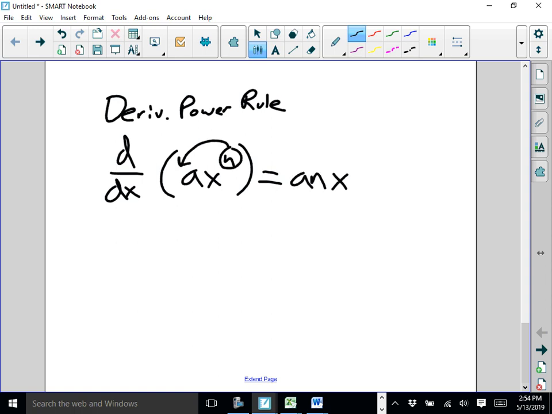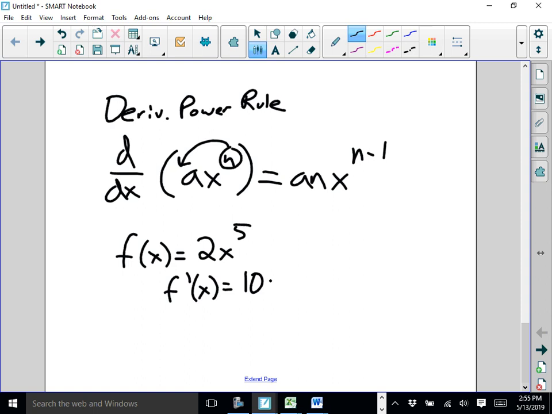So some derivatives. If f of x equals 2x to the fifth, f prime of x would be 10x to the fourth. Again, very simple here, but we just want to make sure we do this right on the exam.